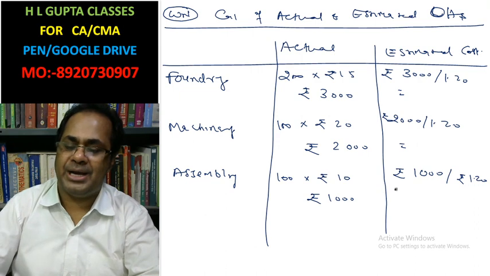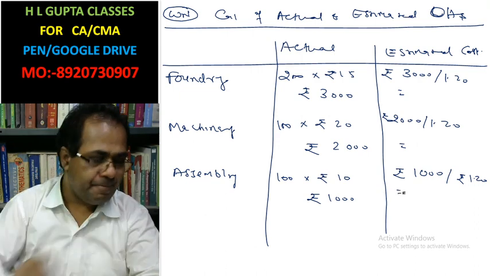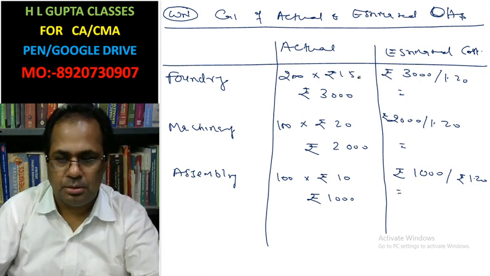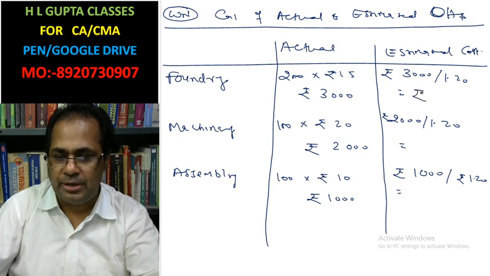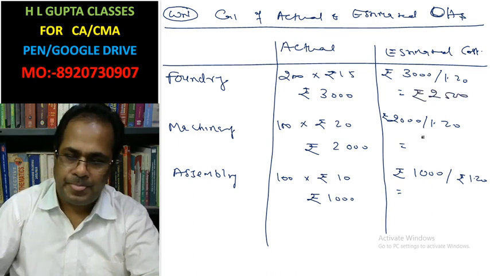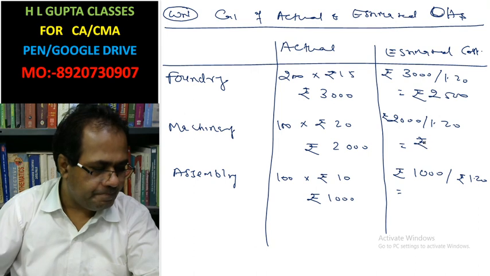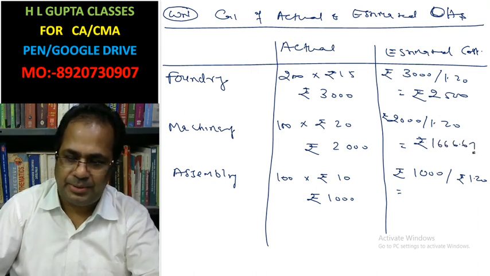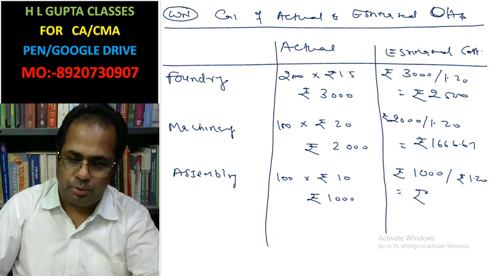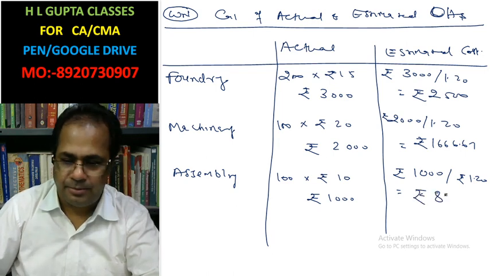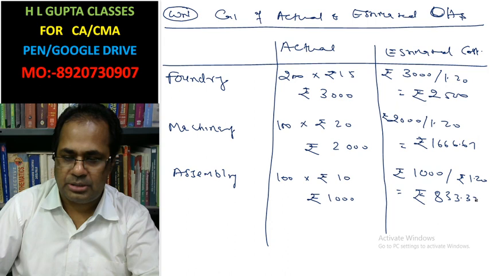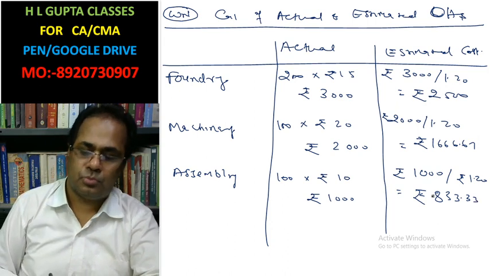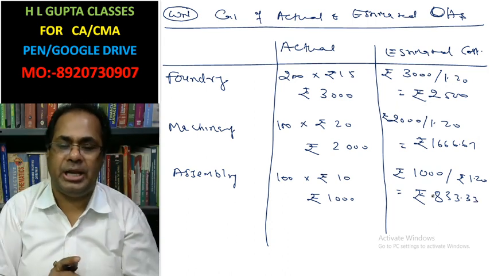As we calculated for material, this is 2,500, this is rupees 1,666.67, rupees 833.33. Okay, now we can calculate labor cost.